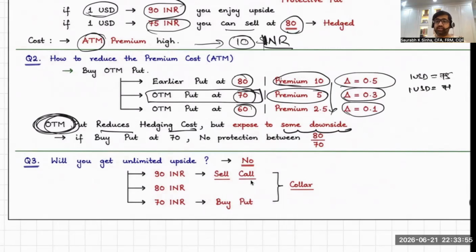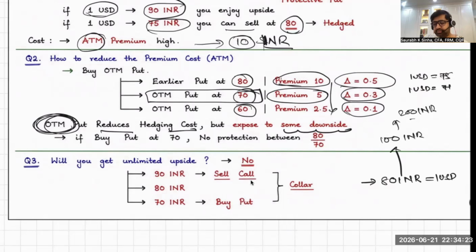Now, they are asking the question. If you remember, or if you have a bit of knowledge about the bull call, they're asking the same question that we used to ask in bull call spread. They're asking, okay, you want to enjoy the upside that USD can increase from 80 INR, can go to 100 INR or maybe 200 INR.